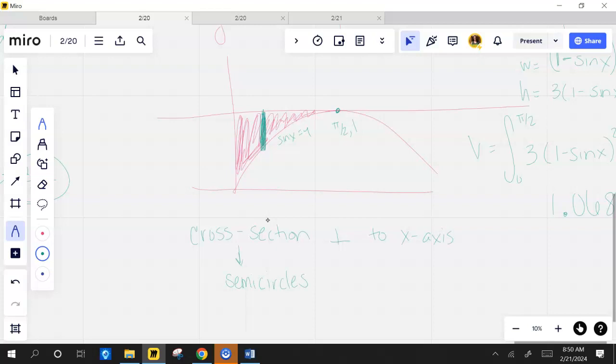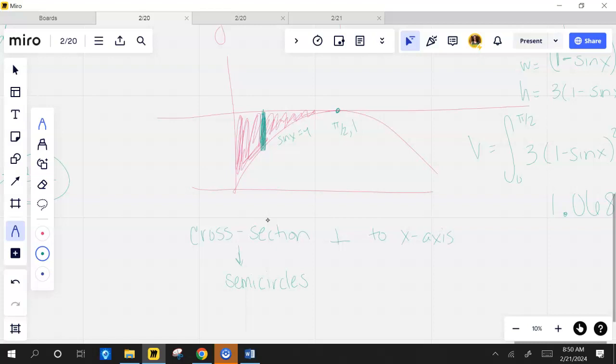Find the volume. So the semicircles, like if you cut a circle in half, its diameter sits as the cross section, so that it comes out to you as a semicircle. 1/2 pi r squared.